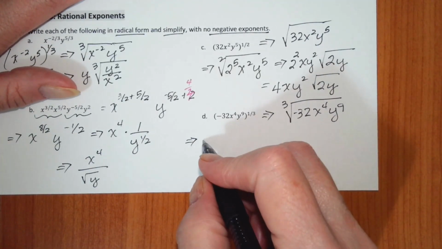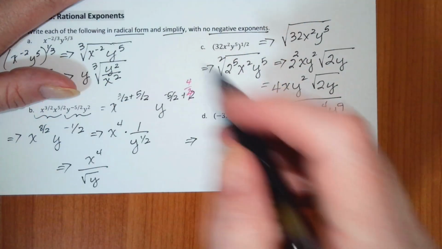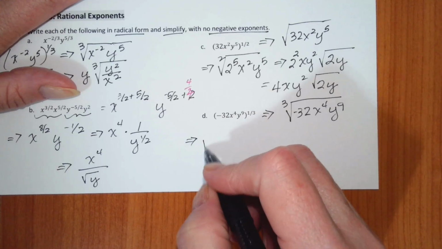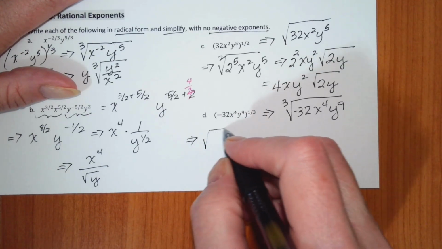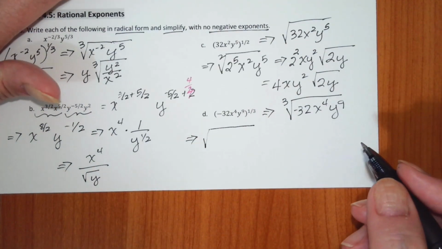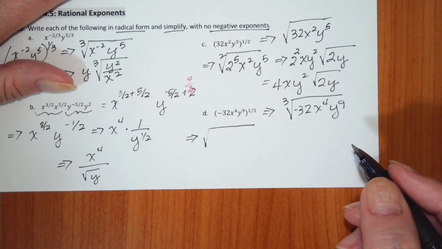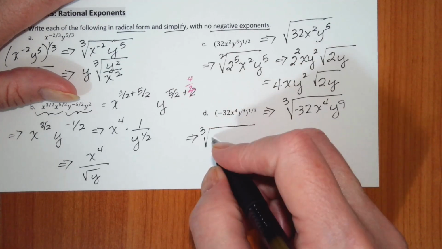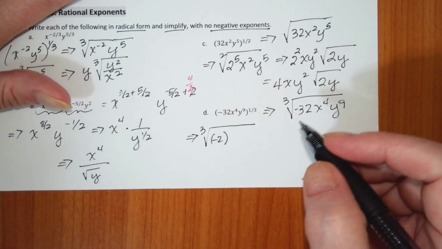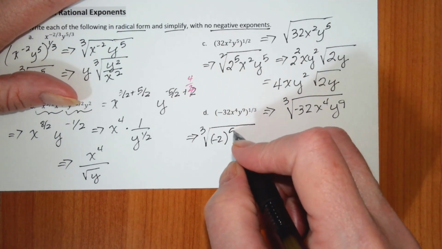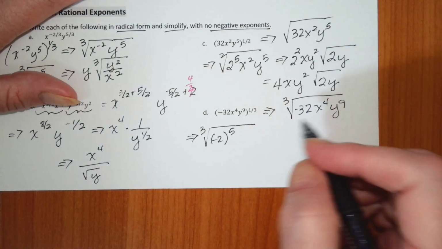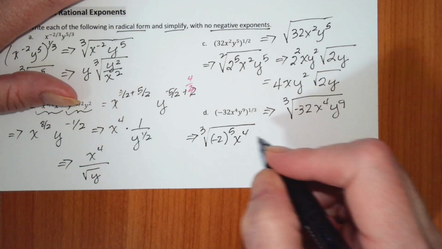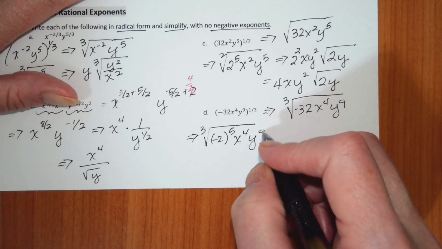Okay, so this is the cube root of -2 to the 5th. We did that up here. X to the 4th, y to the 9th.